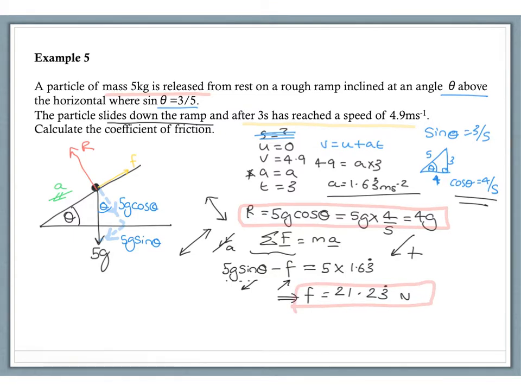So I can now make use of F equals mu R, which of course applies because the limiting equilibrium must have been broken, and at that point friction has attained its maximum value of mu R once we're accelerating. So F is equal to 21.23 recurring, mu is what we're trying to calculate the value of, and R we know is equal to 4g. This gives us a mu value of 0.5416 recurring, 0.542 to 3 significant figures.